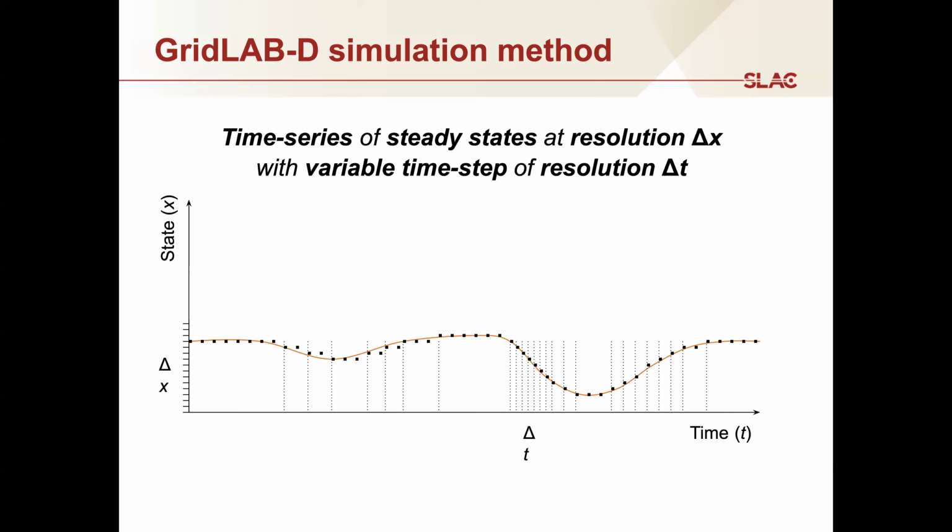And it has to answer the reverse question, how long before there is a state change going forward in time? And so you can imagine that the red line represents the continuous time series for a particular object, and the dots represent the discrete time solution to that continuous system.